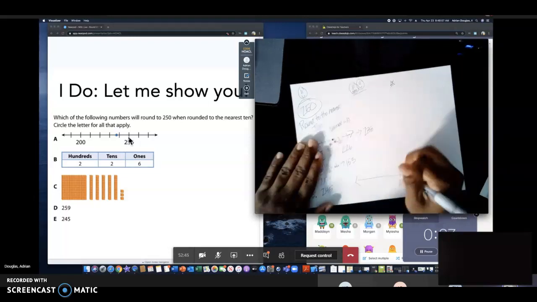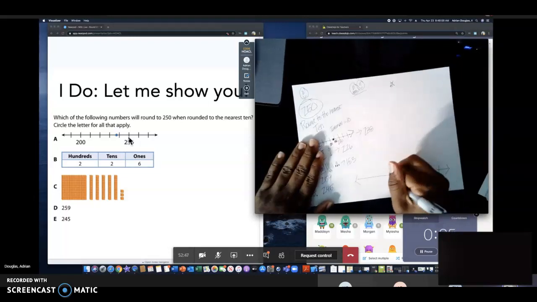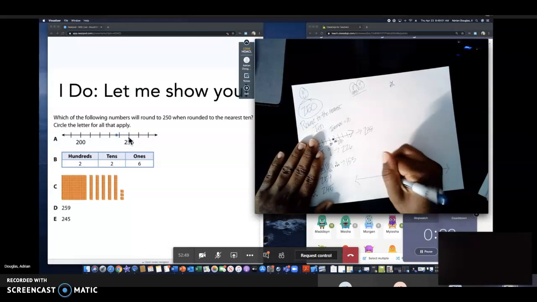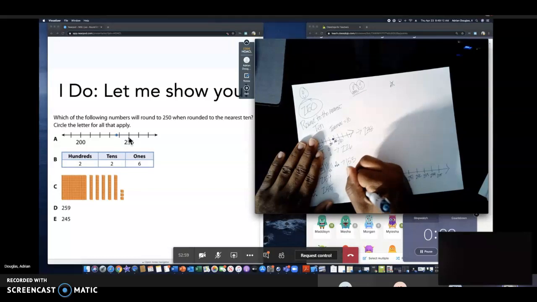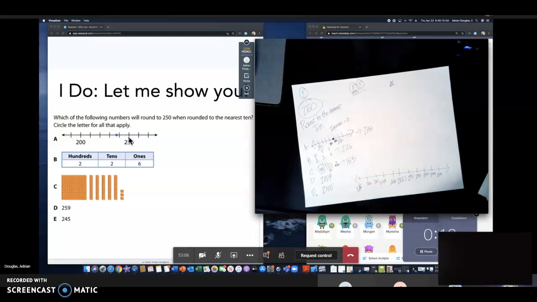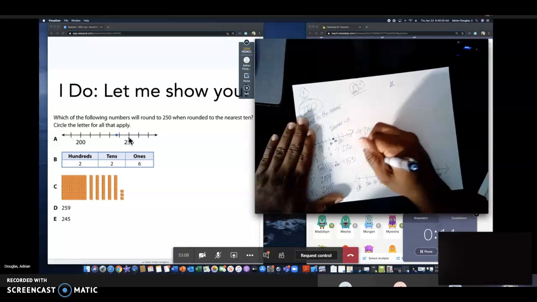I'm going to stop there. I'm also going to count down: 249, 248, 247, 245. There's a reason why I'm using just those numbers.